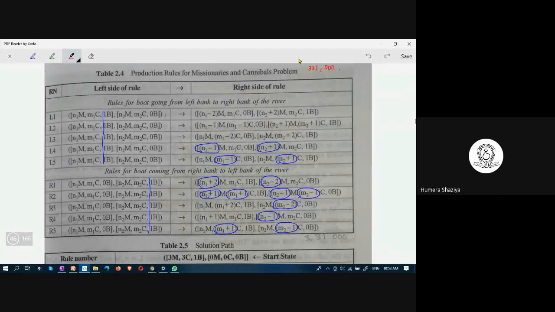This is left and this is right. Now when you apply L2, it will be 2, 2, 0, comma 1, 1, 1. Exactly. Now next rule, tell me.